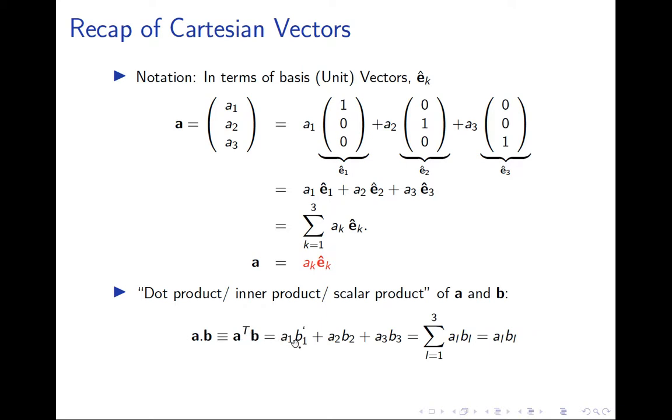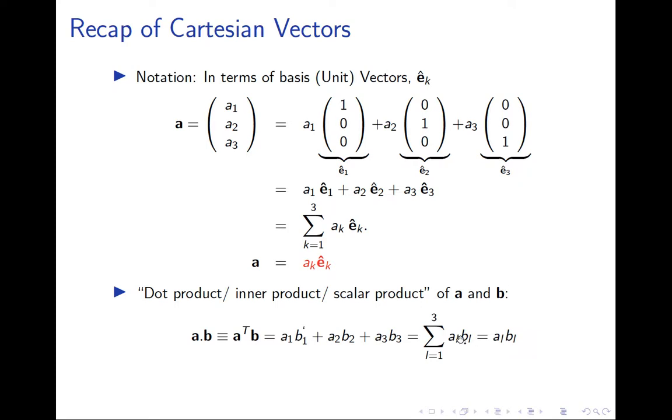This number is equal to a1 b1 plus a2 b2 plus a3 b3. From this form, it is clear that if you switch the places of a and b, this remains the same thing. So the scalar dot product is symmetric between a and b. I could as well have written b dot a instead of a dot b, and it makes no difference.